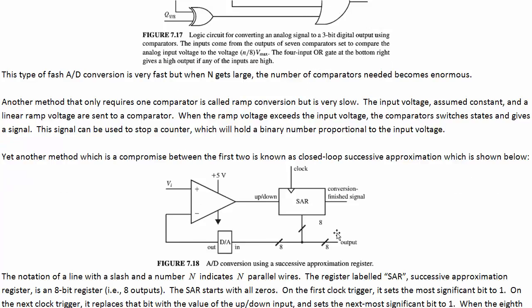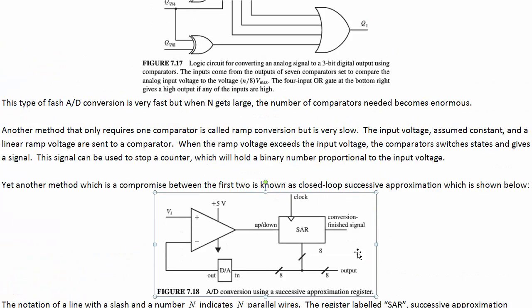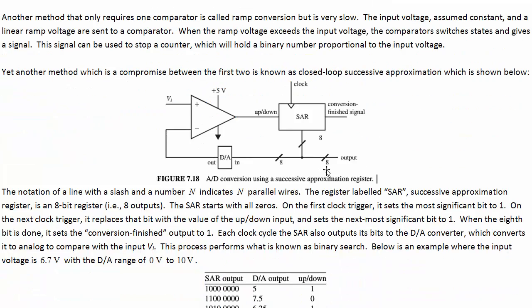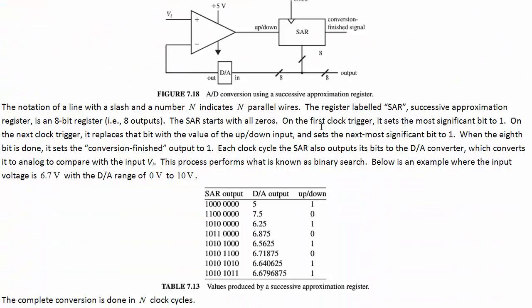Okay, so what can we do instead of that? Well, we can do this method, which is a lot slower. This is using a successive approximation register, or SAR. And how this one works is the successive approximation register is outputting a series of numbers.